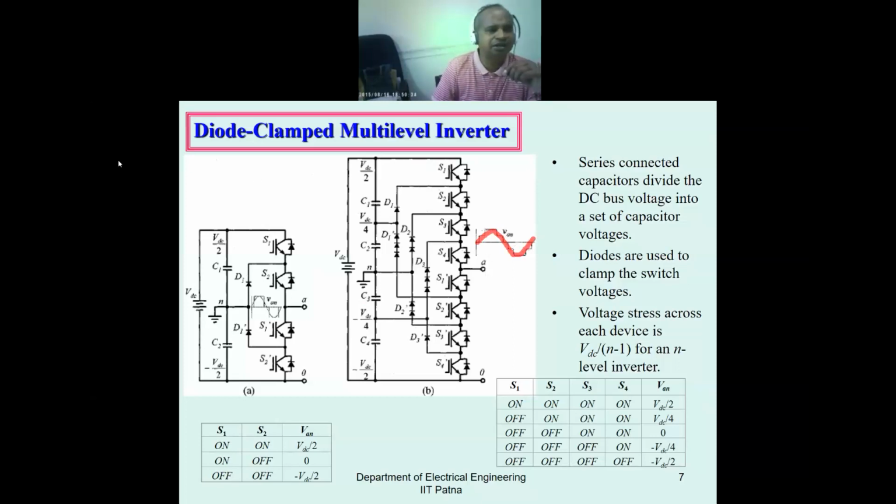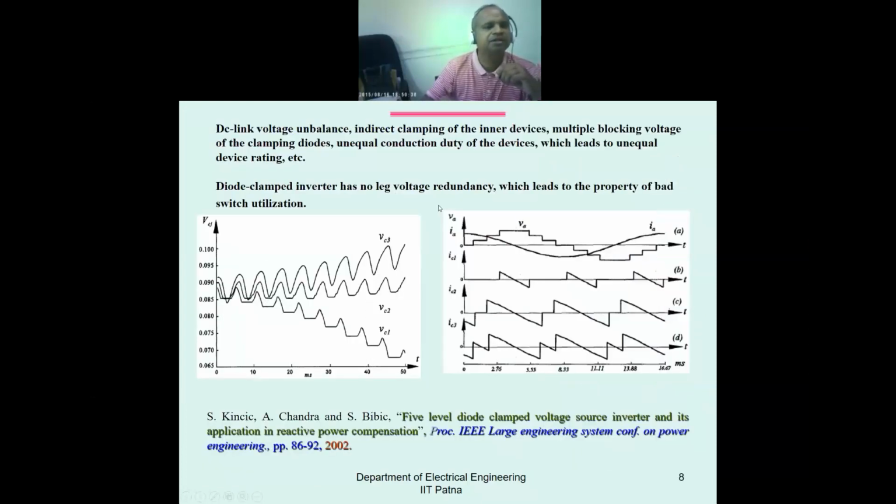So this way, this is a diode-clamp multi-level inverter. And what is the problem? You see here, when many capacitors are connected in series, not all the capacitors charge properly. One capacitor is charging very high, going up. Another is charging towards very low, and another is somewhere in between.